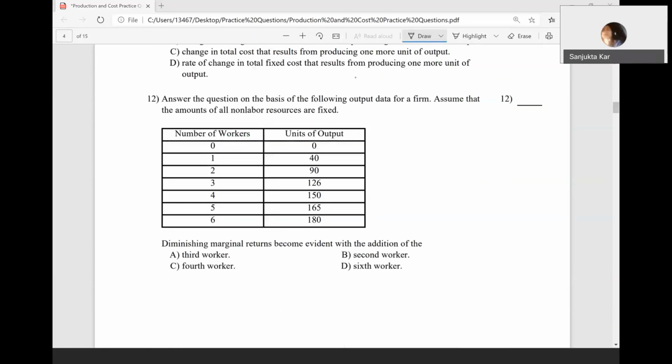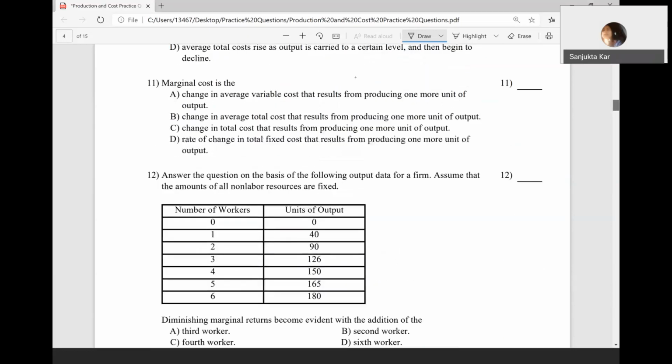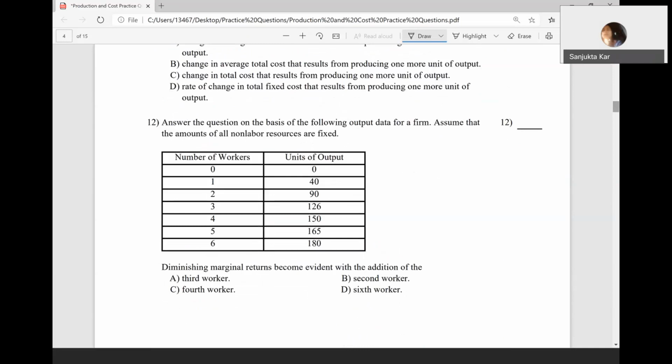Now this question, I'm on question number 12. They're asking, answer the question on the basis of the following output data. All amounts of non-labor resources are fixed. Already they're asking, diminishing marginal returns become evident with the addition of, okay, so units of output.